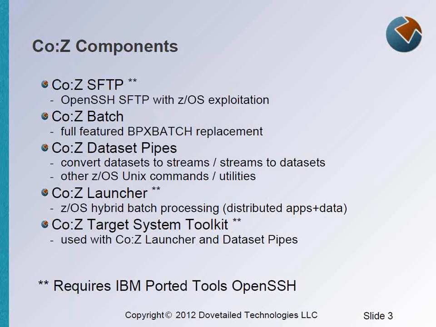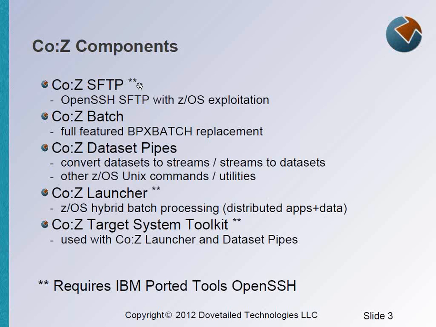And to that port, we've added a whole bunch of exploitation for z/OS, so things like data sets and spool files and dynamic allocation are all supported in Cozy SFTP, on par with the kind of legacy z/OS support you see in, say, IBM FTP.